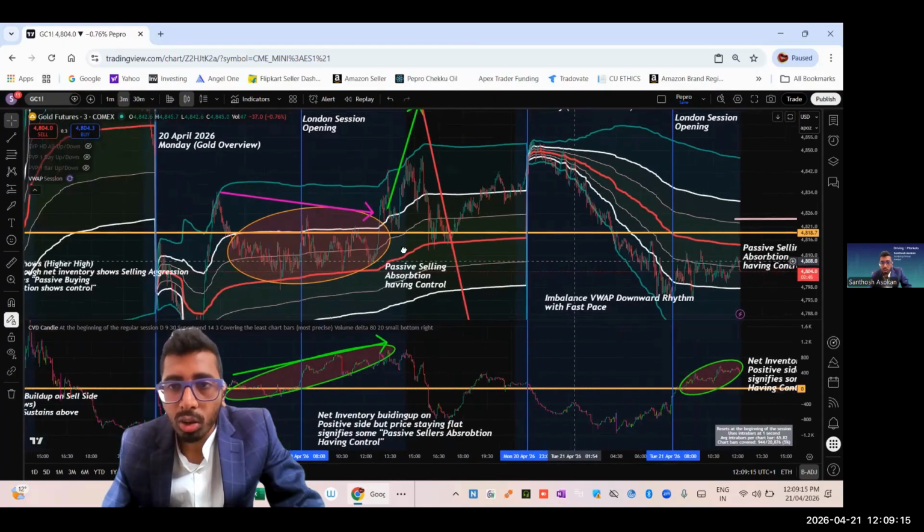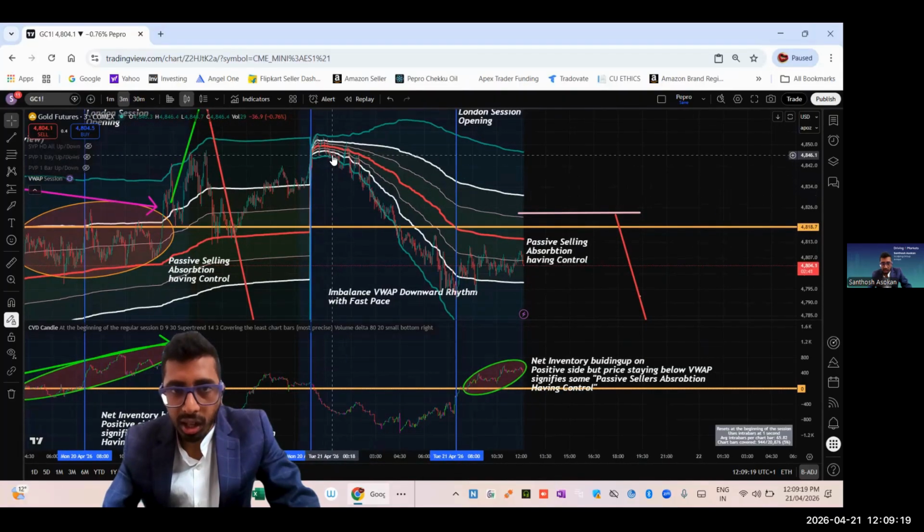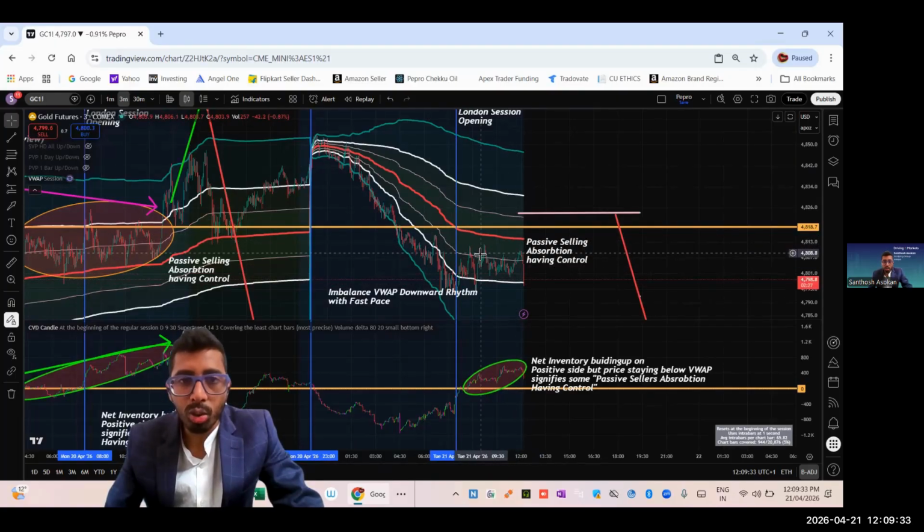If you look at my introduction to VWAP video, it clearly signifies a downward fast-paced rhythm. And also, with a blind naked eye, if you look at this VWAP curve, it is clearly showing a steep downward curve, which signifies I should go for short trades rather than looking for long opportunities.